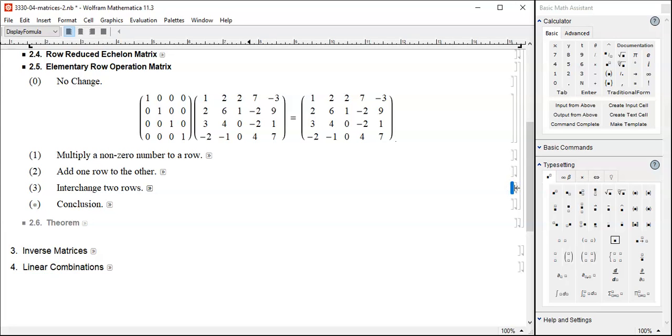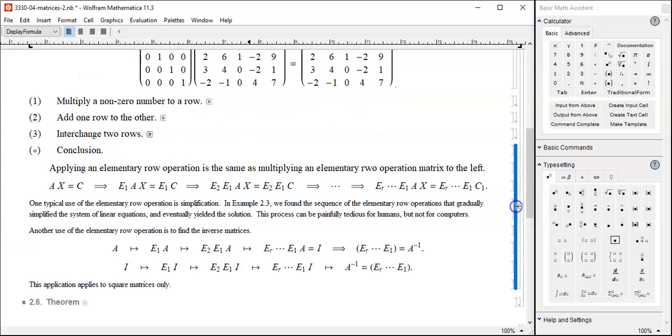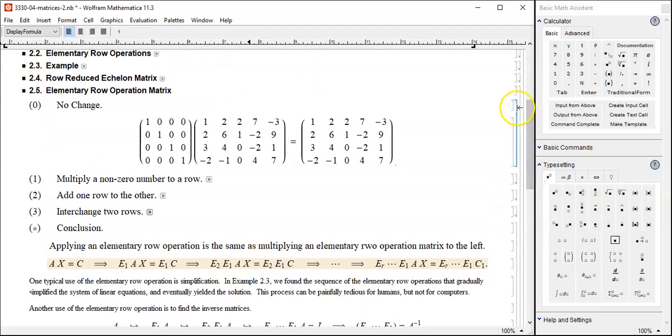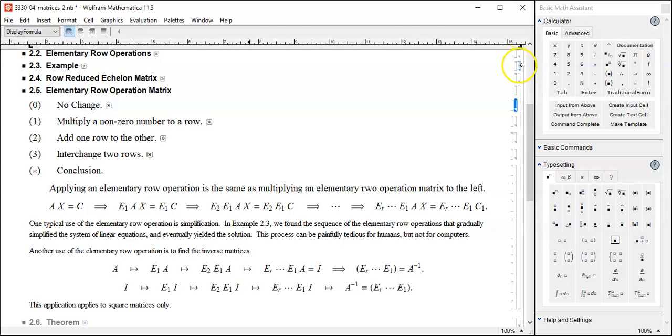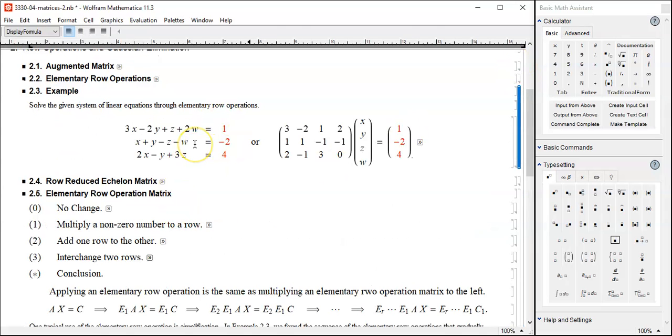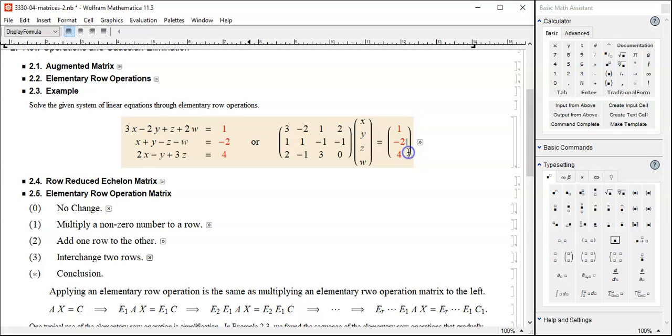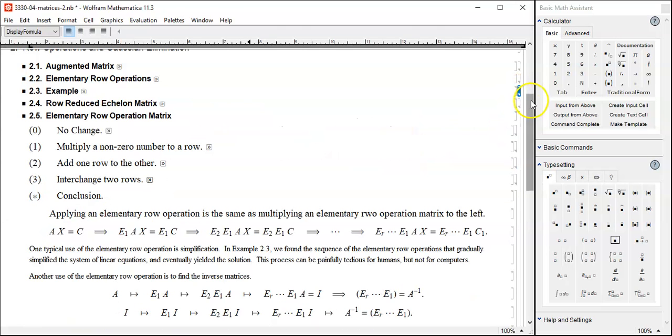Is that important? Yes. For example, let's go to the example problem again. Suppose we have a system of linear equations which became a matrix equation, Ax = c, and then we apply elementary row operations E1, E2, E3, and so on. They correspond to multiplication to the left.